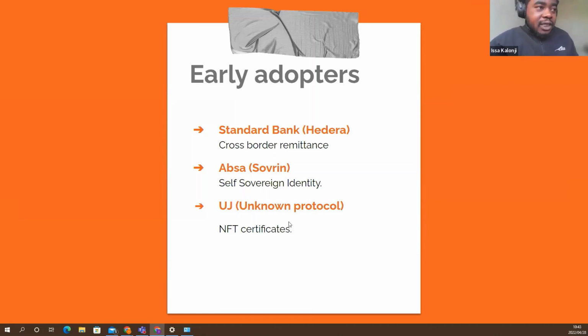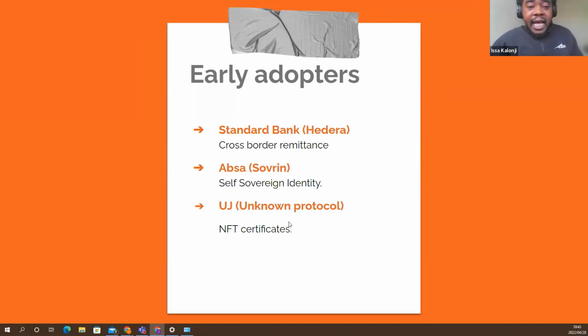Why I'm excited about this particularly is because in a lot of developing nations, they do not have an established identity system like we have with Home Affairs. So this would provide a lot of governments the ability to easily provide identity to all their citizens.